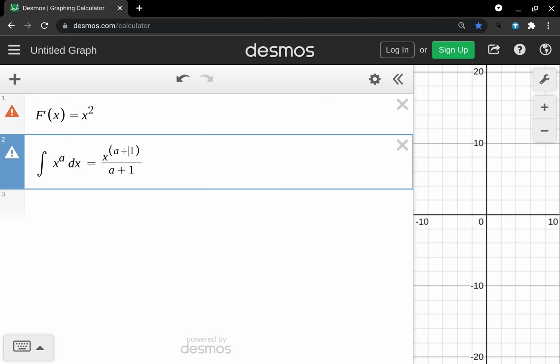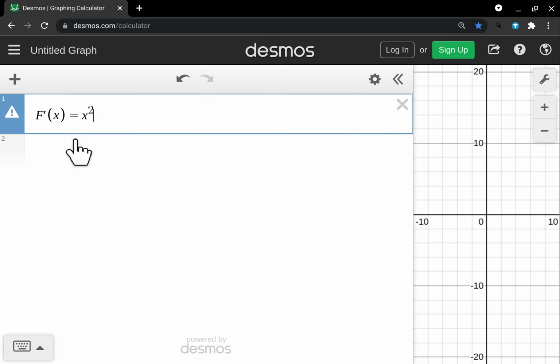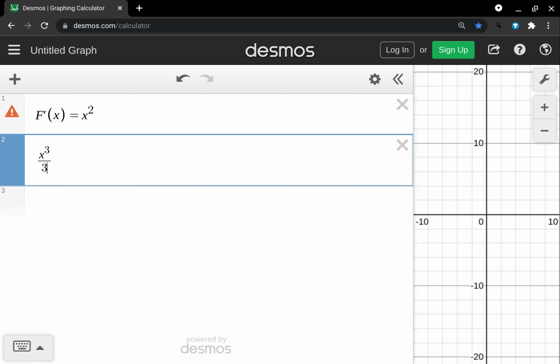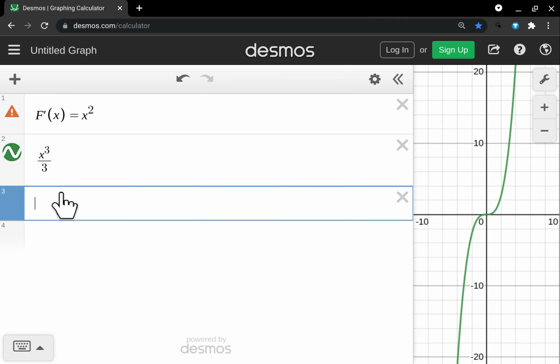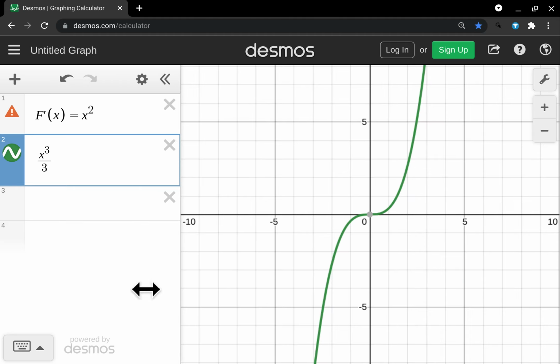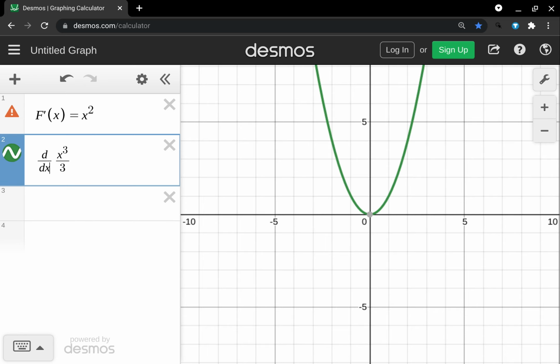So if we plug in 2 for this, then F of x should equal x cubed divided by 3. And if we take the derivative of this, we go over to the graph on the left, let's take the derivative, d over dx, that definitely does look like x squared.